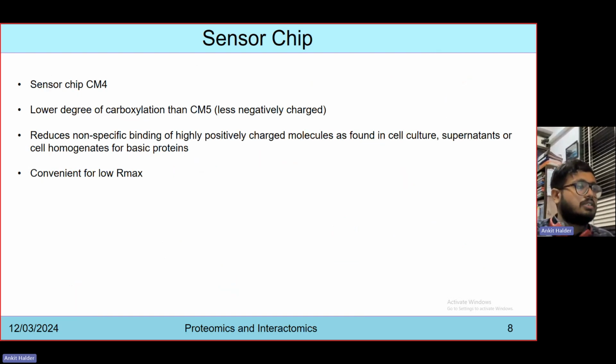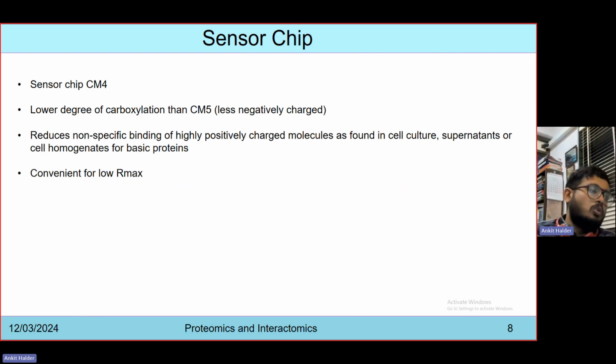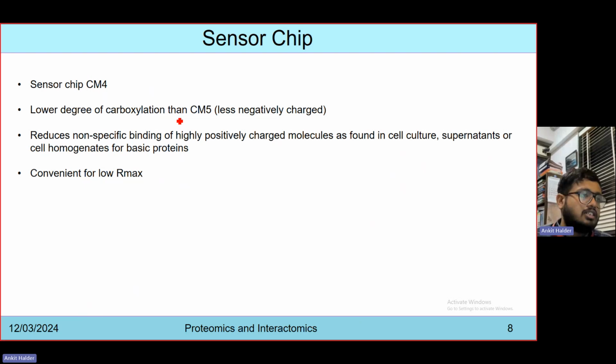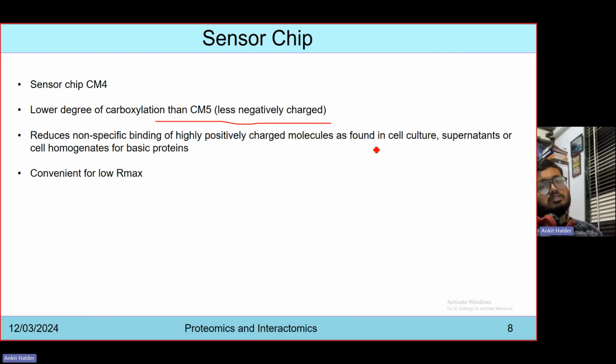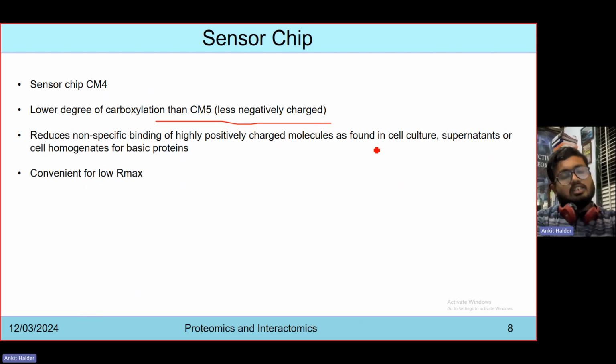Now the next chip is the sensor chip CM4, which has a lower degree of carboxylation than CM5, so it is less negatively charged. CM5 is the dextran chip with a higher degree of carboxylation.